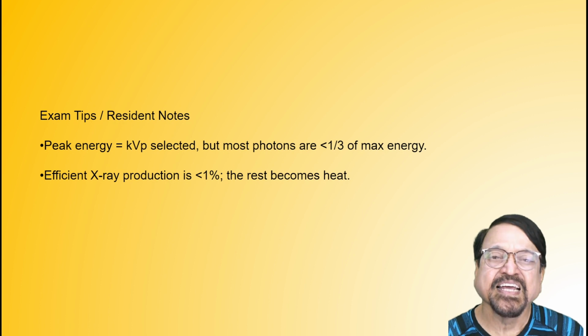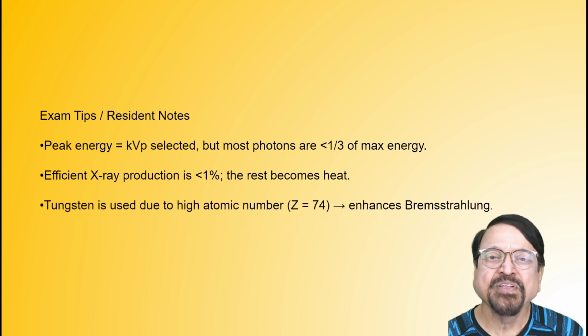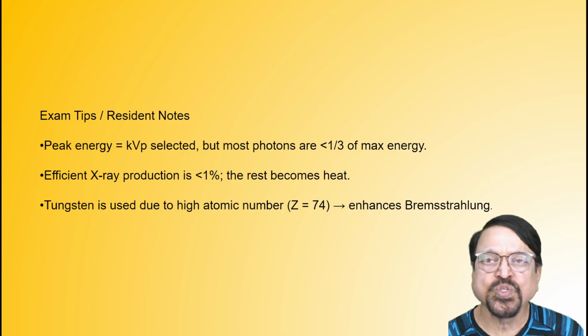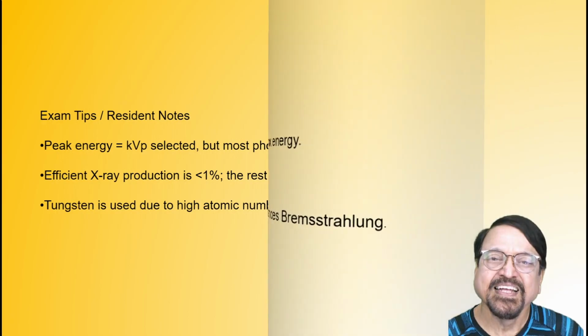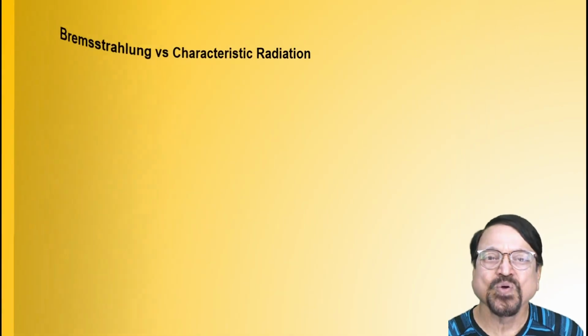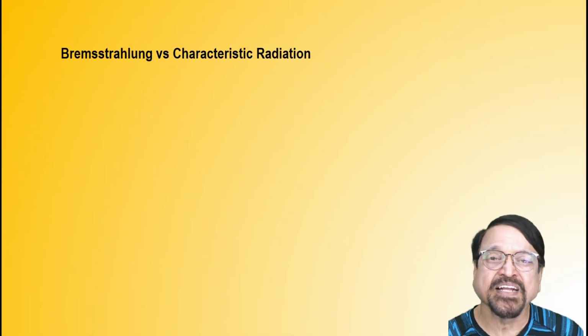The rest becomes either heat or non-useful photons. They have low kV, so they are of no use for diagnostic purposes. They just cause a fog. Now tungsten is used due to its high atomic number, that is 74. It enhances the Bremsstrahlung effect, so that it gives us better useful X-rays.